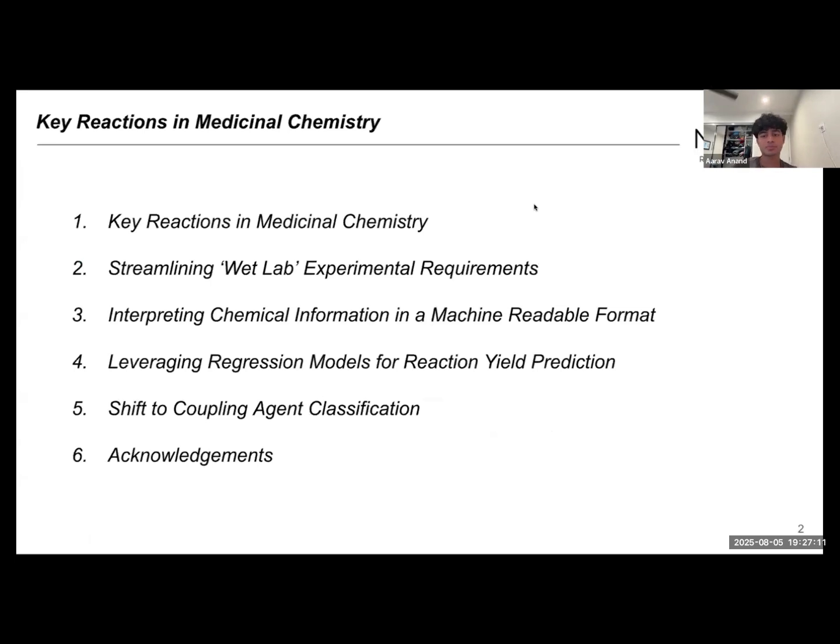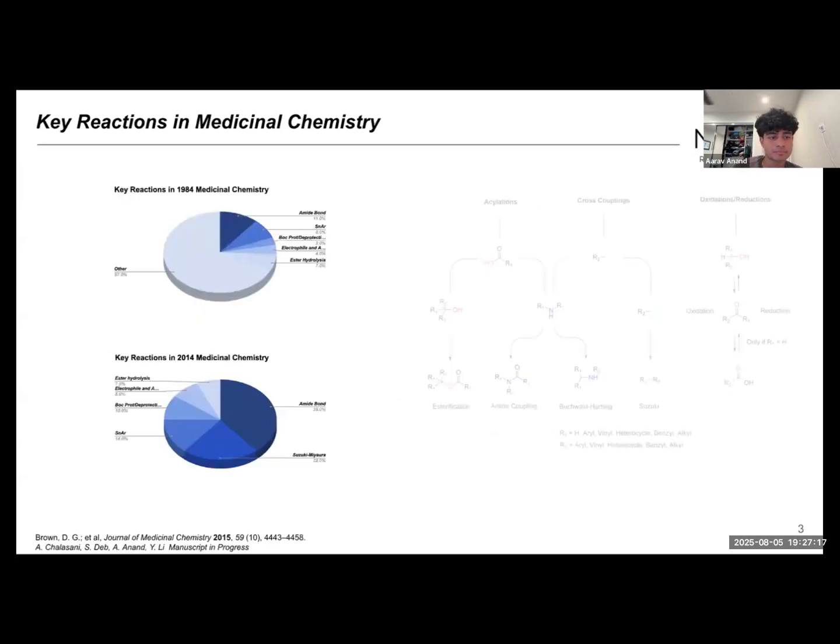So throughout this presentation, we will be discussing the following topics. Before diving into our machine learning pipeline, it's important to understand why this matters in the broader context of medicinal chemistry. This slide shows data from 1984 and 2014 on the most frequently used reactions in drug discovery.